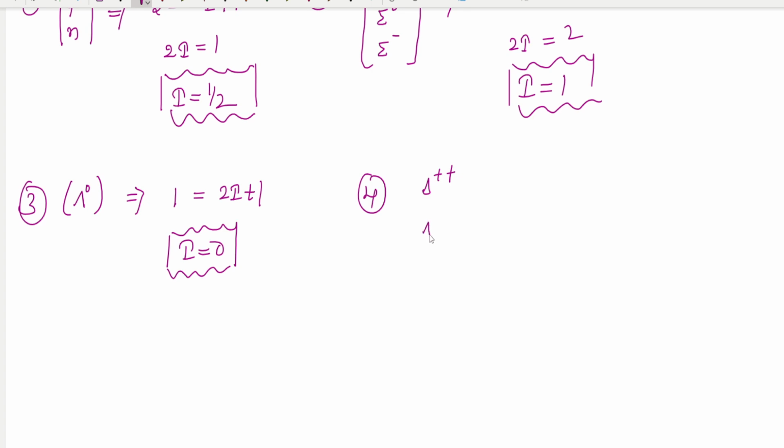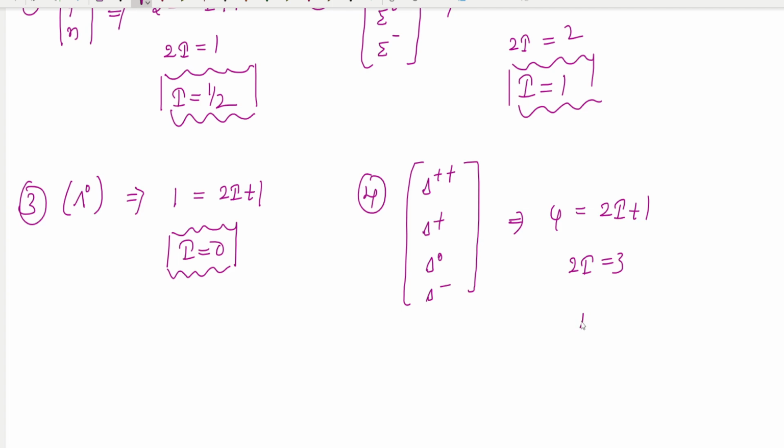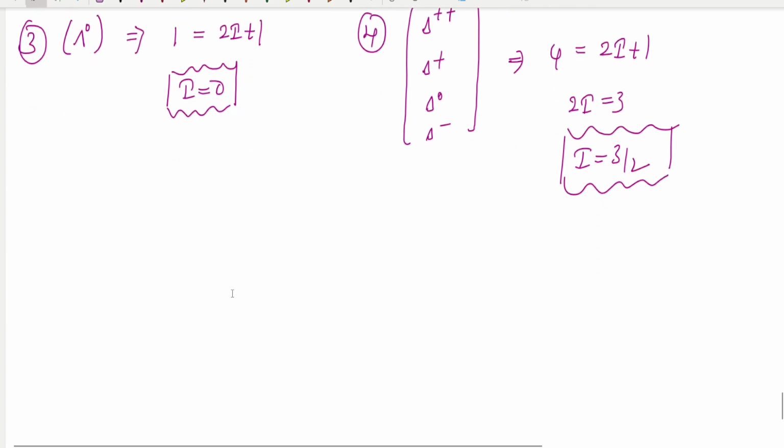So delta plus, delta 0, delta minus. How many particles are there? Four particles. 2I plus 1, then 2I equal to 3, I equal to 3 divided by 2. So this is the isospin.